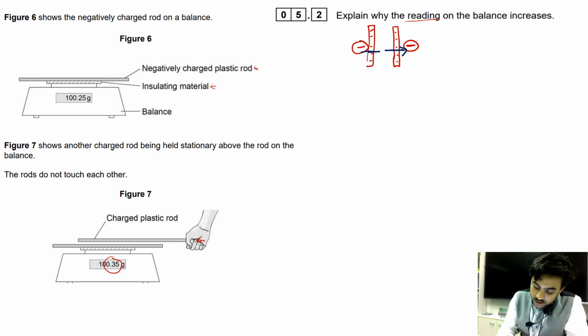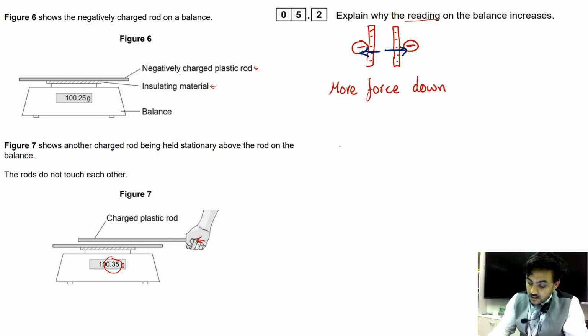Two like charges, they repel each other, they push against each other. That push against each other causes the rod that is on the mass balance to push down onto the mass balance, which is read as a difference in mass. So the question is, explain why the reading on the mass balance increases, and you say more force down on the mass balance.